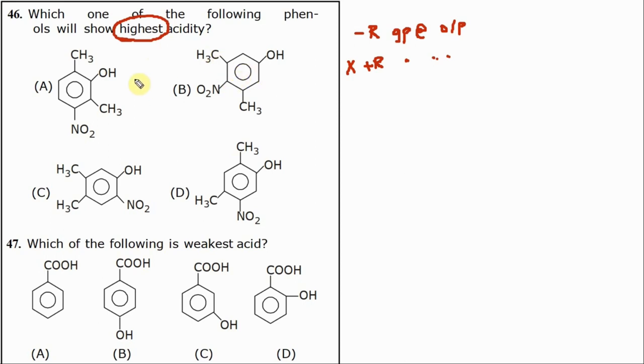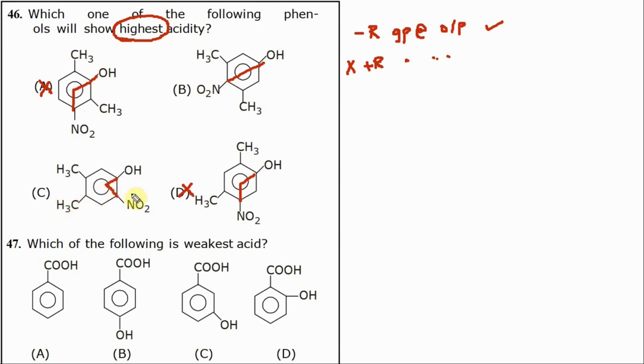So now what you want to do is relate them to the positions: meta, para, meta, ortho. So I want this. So I will rule out A and D. Both are meta. Now para, and here I have ortho.